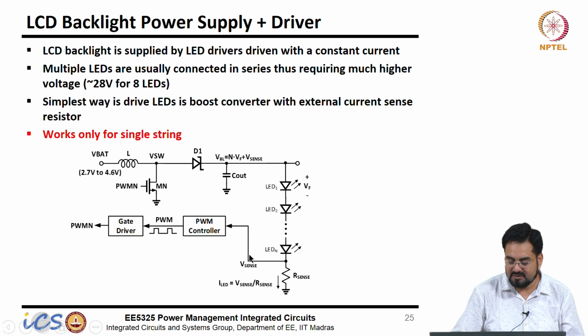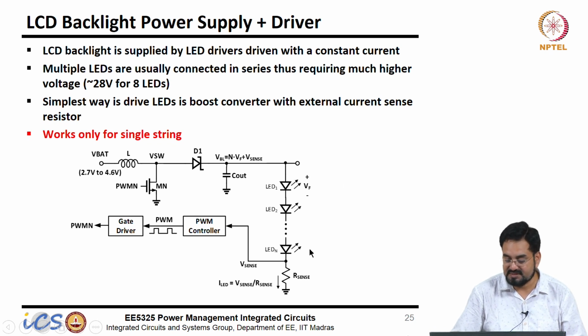In the feedback, you can see it is a simple voltage regulator. Automatically this loop will try to regulate this voltage, and there will be a constant current in the LED. But this technique works only for a single string.